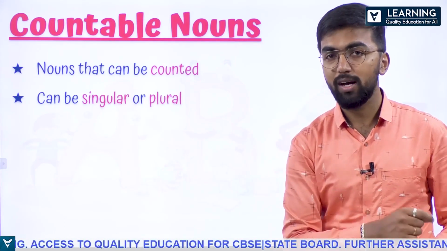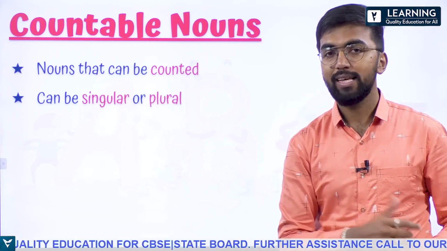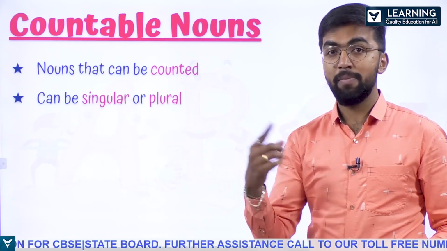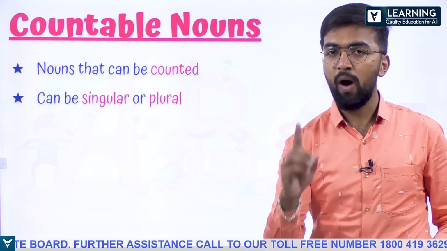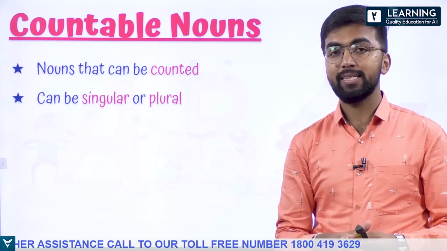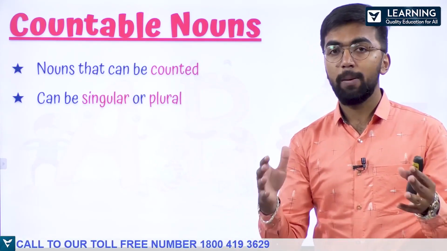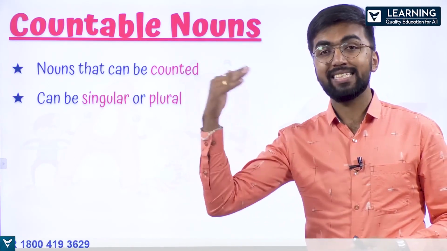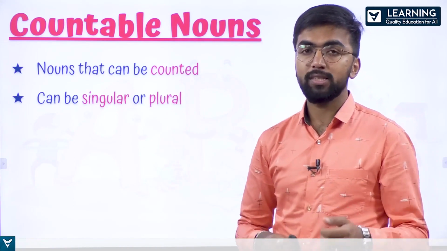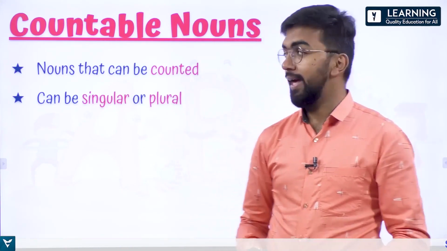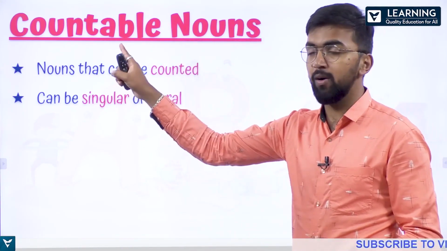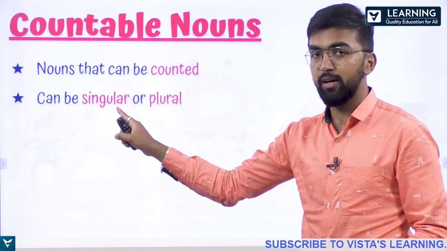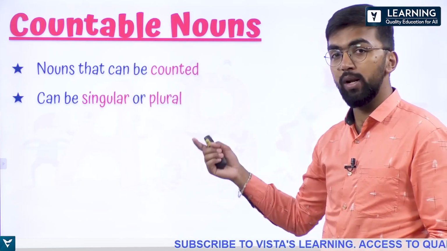Is book a countable noun? Yes, because you remember we had seen 1 book and we had seen 2 books, both of which are countable. But book is singular and books are plural. Hence, countable nouns can either be singular or be plural.